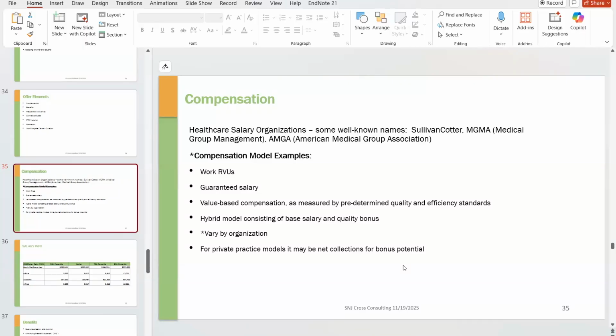So those models will typically be a base salary plus whatever productivity model they use. I am most recently accustomed to working with a model that will allow you to produce even during the time that you're on a guarantee.